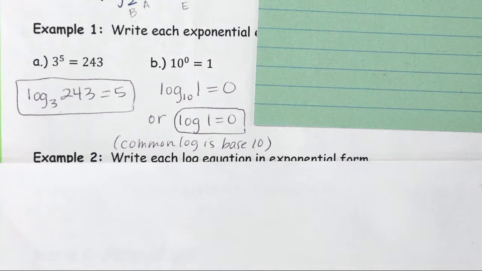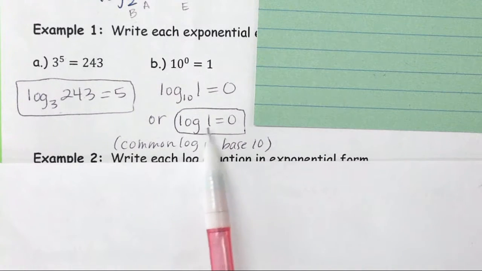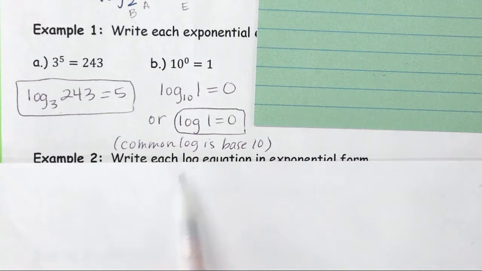And you guys may have noticed a log button on your calculator. That has a base of 10. Okay, so log base 10 and just regular old log where you can't see a base are the exact same thing. So this is called the common log. The common log has a base of 10. The common log has a base of, okay, we'll try that one more time with more participation. The common log has a base of 10.